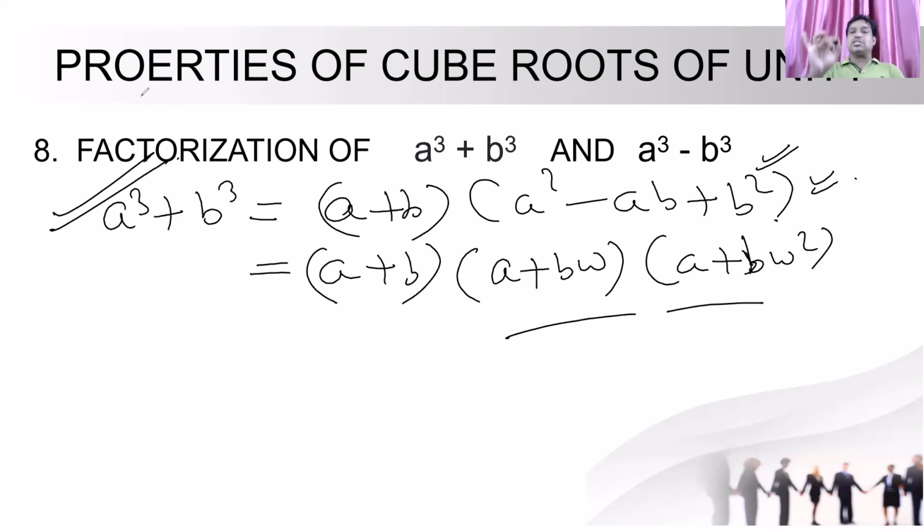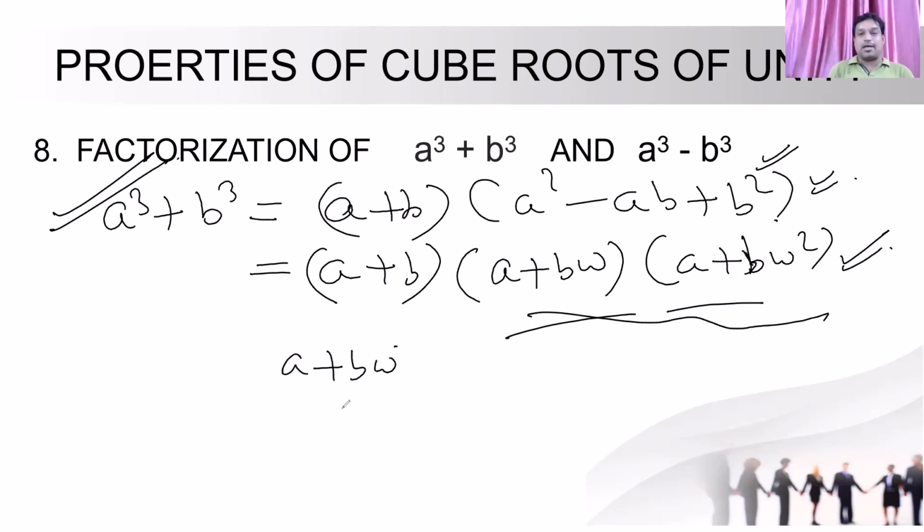Many times it is used, and in every competitive exam it is asked to you. So you should remember this a cube plus b cube formula: a plus b into a plus b omega into a plus b omega square. If you multiply these two, let me check it.